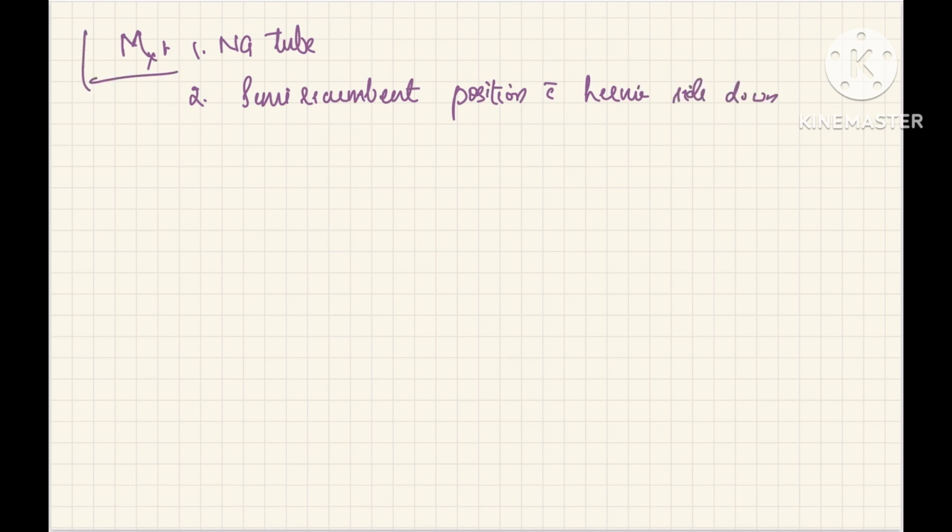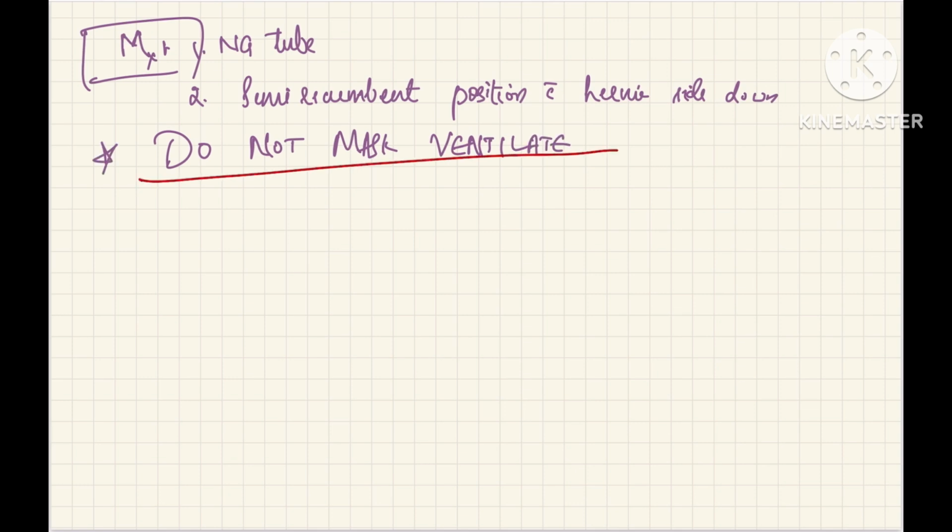The main thing in congenital diaphragmatic hernia is do not mask ventilate these babies. Next, monitor airway pressures because a sudden increase in the airway pressures may lead to pneumothorax.